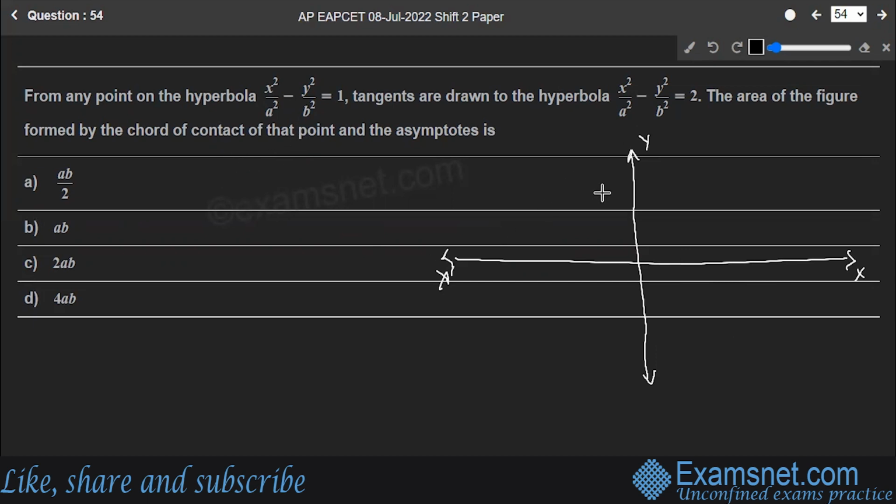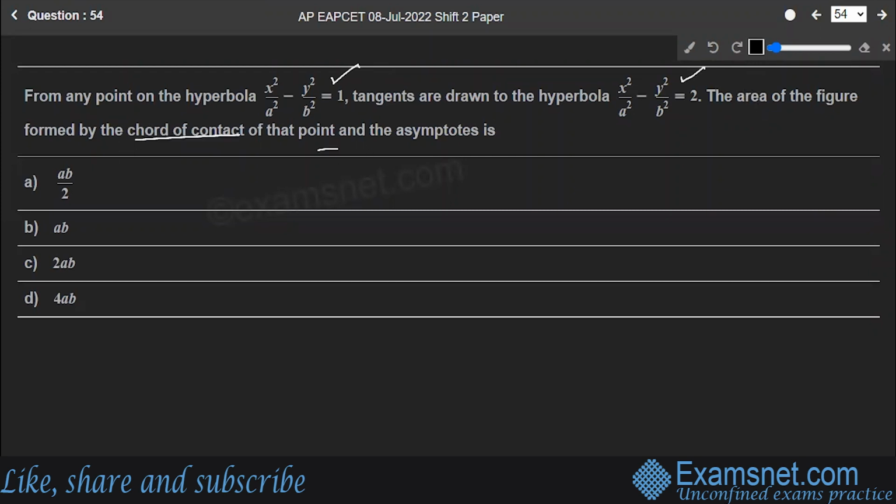Let's make the two hyperbolas first: this is the first one and the second one, right? Question number 54: from any point on this hyperbola, tangents are drawn to this hyperbola. The area of the figure formed by the chord of contact of that point and the asymptotes is.